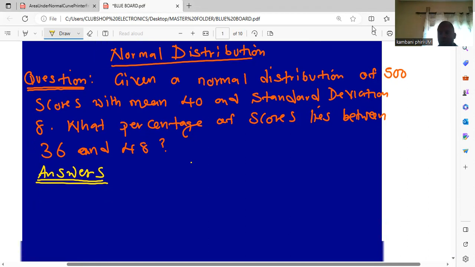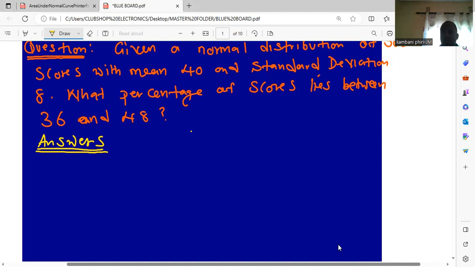All right, so what we need is to get the data. We need to collect the data first, or the information. So we know that we are talking about a normal distribution of 500 scores. So our N is 500.